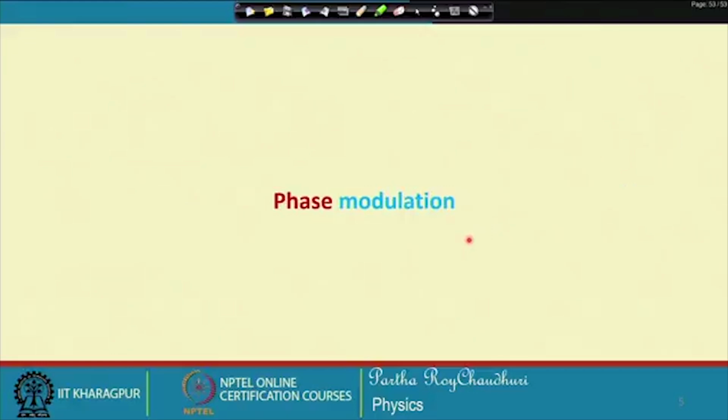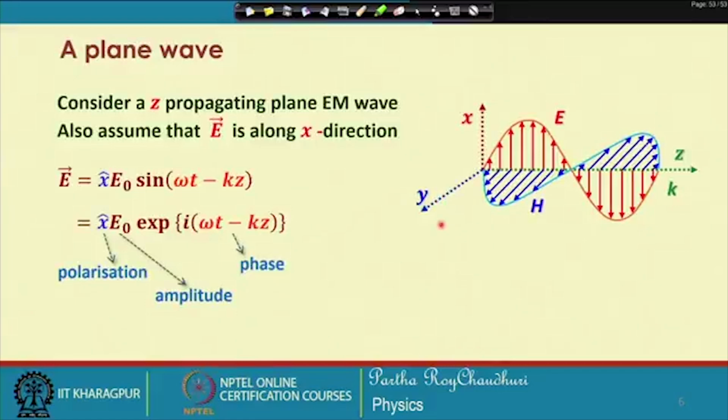Phase modulation. Let us try to understand what phase modulation is, and we will first consider a very simple case of a plane wave, a z-propagating plane electromagnetic wave, and let us assume that the electric field vector is oriented along the x direction. In that case we can write down this plane wave equation in the form of a sinusoidal equation.